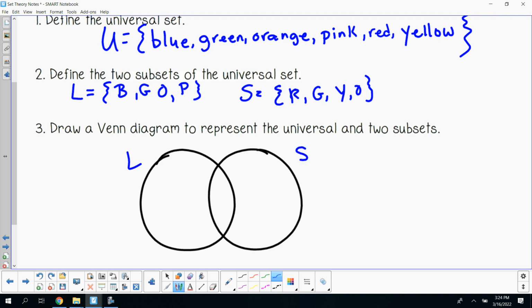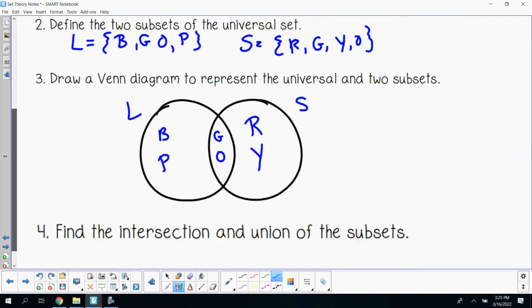In the large bag, we have blue, and we have pink, but we also have these shared colors, green and orange. In our small bag, we have red, green, which is already represented, yellow, and orange, which is already represented. So there is a Venn diagram that represents the universal and the two subsets.